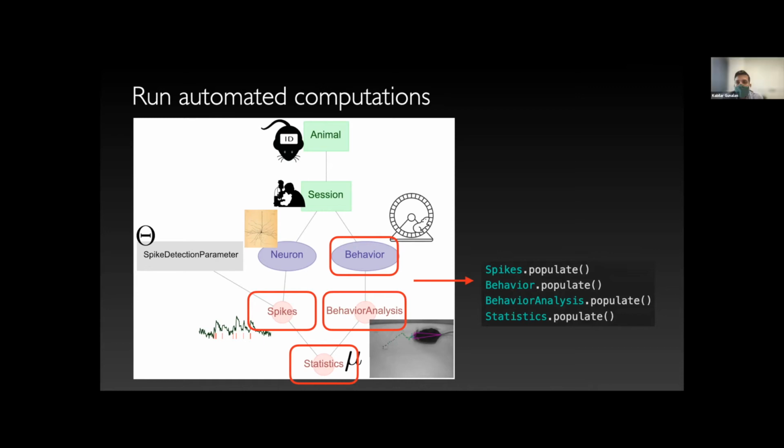So this is another key takeaway, is that with DataJoint, you can run these automated computations. So you insert metadata for your experimental session into the session table, and then maybe every night you have your computer run a job where it says spikes.populate, neuron.populate, behavior.populate, and that'll process the data through your workflow and insert all that data into your DataJoint tables.